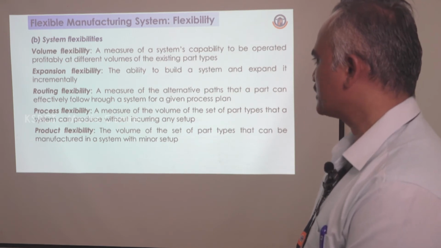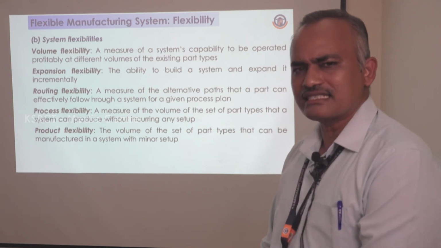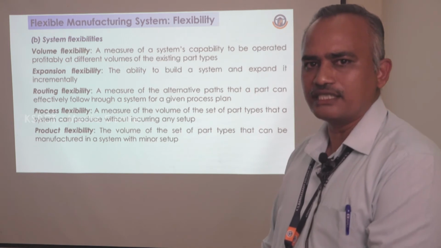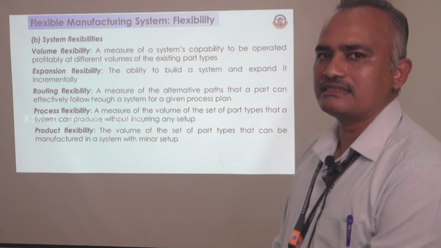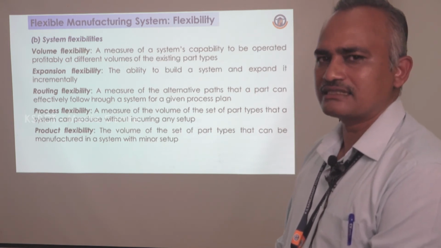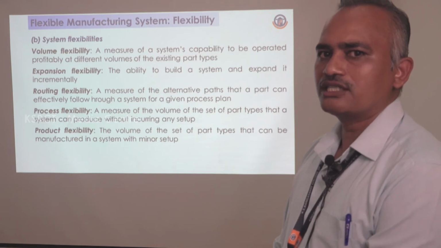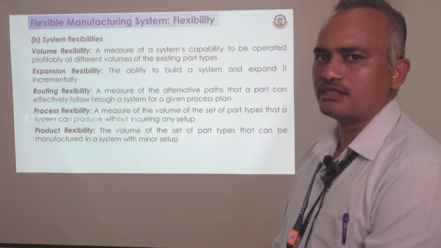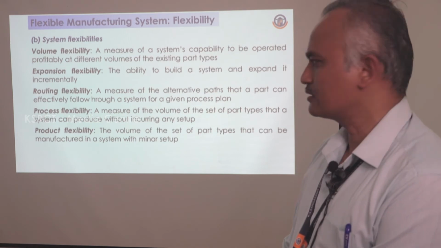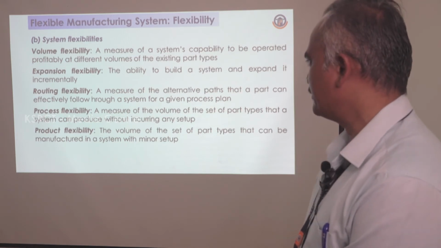Then expansion flexibility. The existing system or machine tool can accommodate changes or upgradation in order to make a different geometry or a different part of the product. That is expansion flexibility.